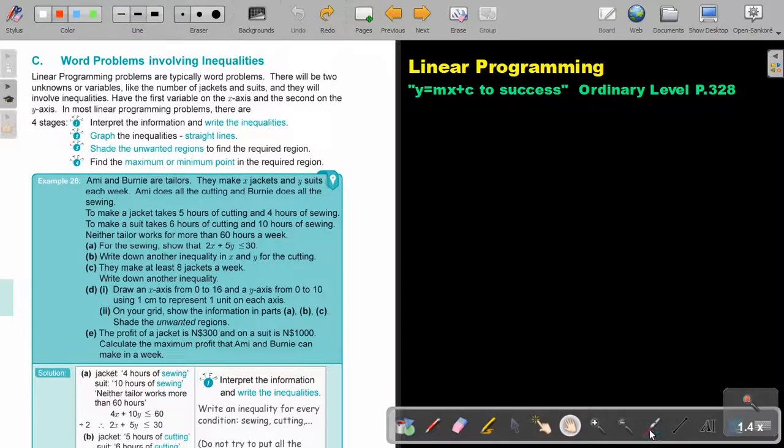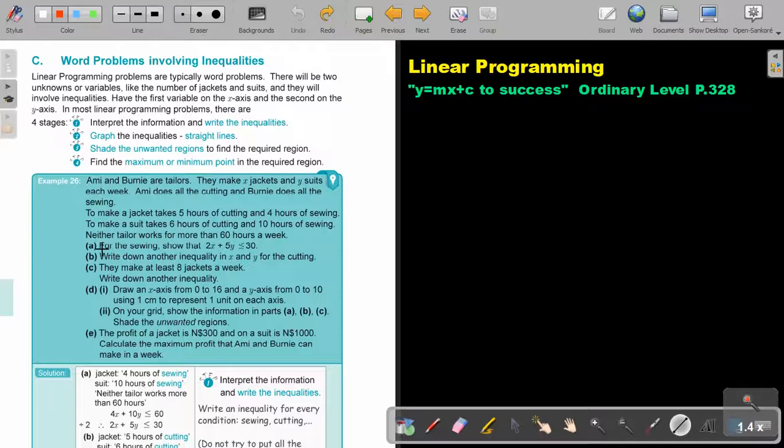Okay, so the first question: for the sewing, show that this holds. Now, this is very important. For every condition, you're going to write an inequality. So, let's just highlight a few things there.